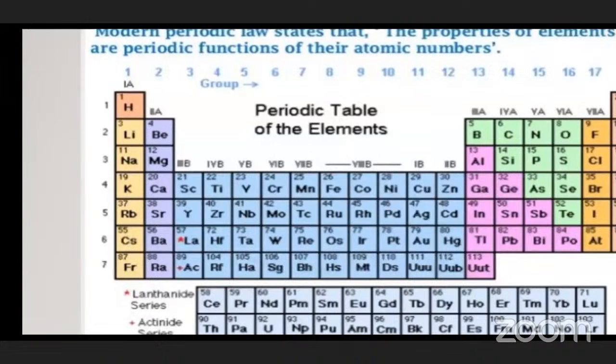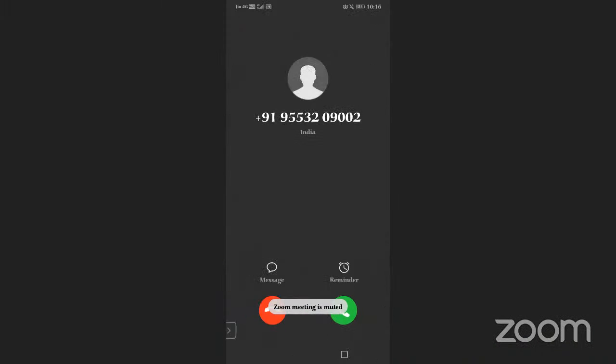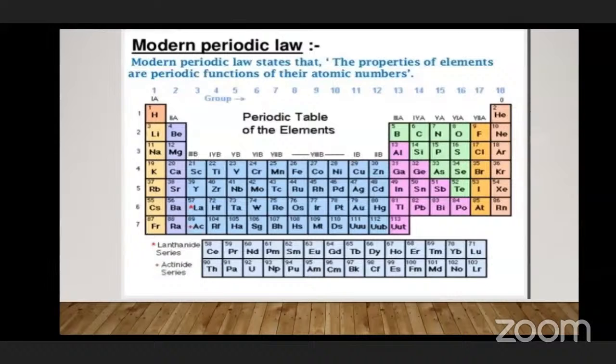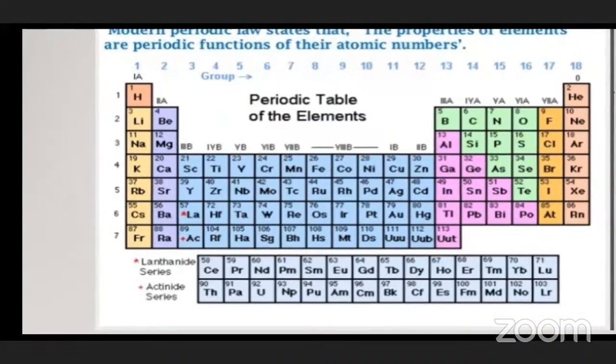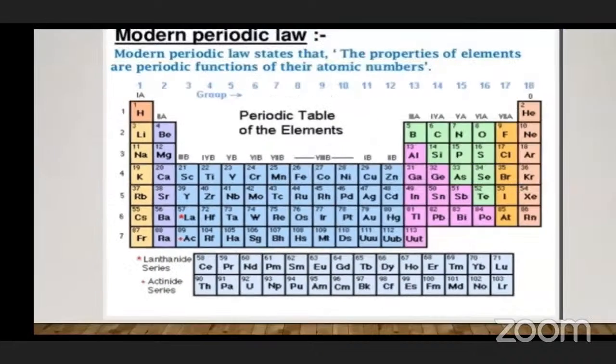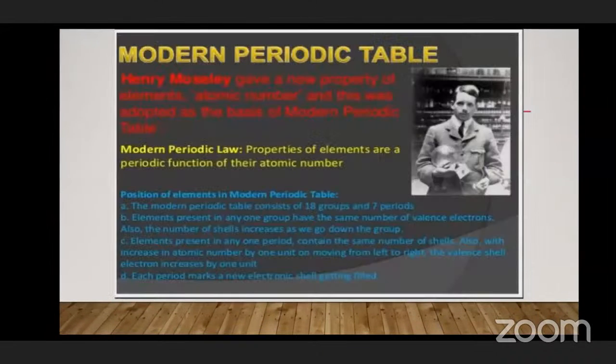Every group, take hydrogen: the valence shell has the same number of electrons. Similarly, we have taken lithium, sodium, calcium, francium; those all have the same number of valence electrons. So that is the second point we want to make.